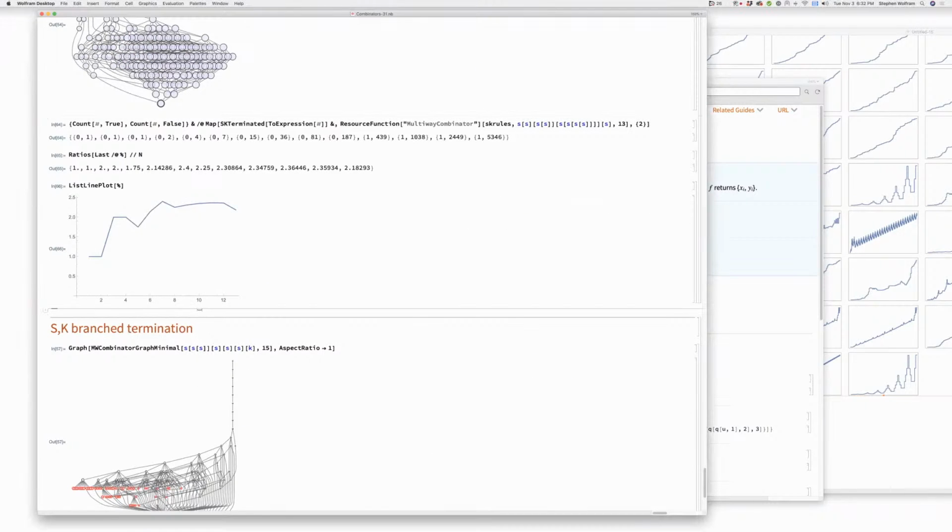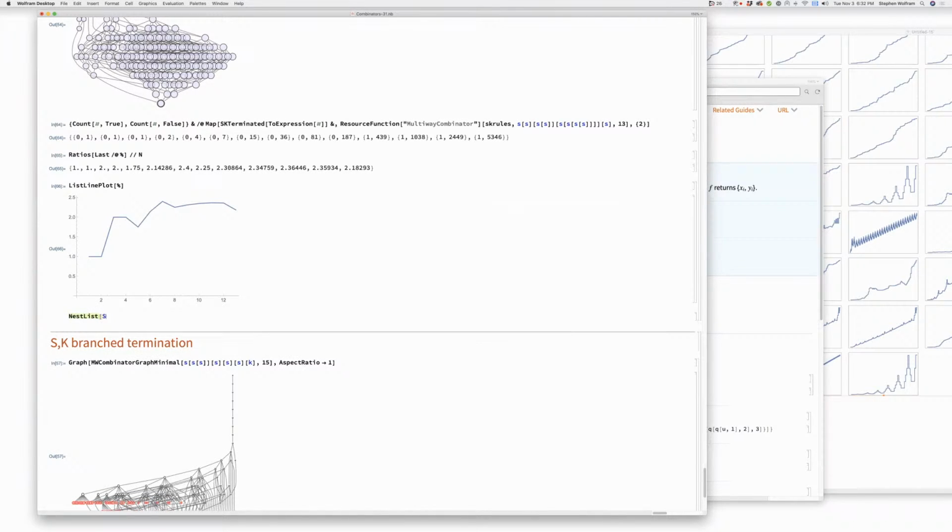Okay, so this one, let's see if I have a code for this here immediately. Now let's just do this. Nest list of SK step first position. That is just doing a different updating scheme.